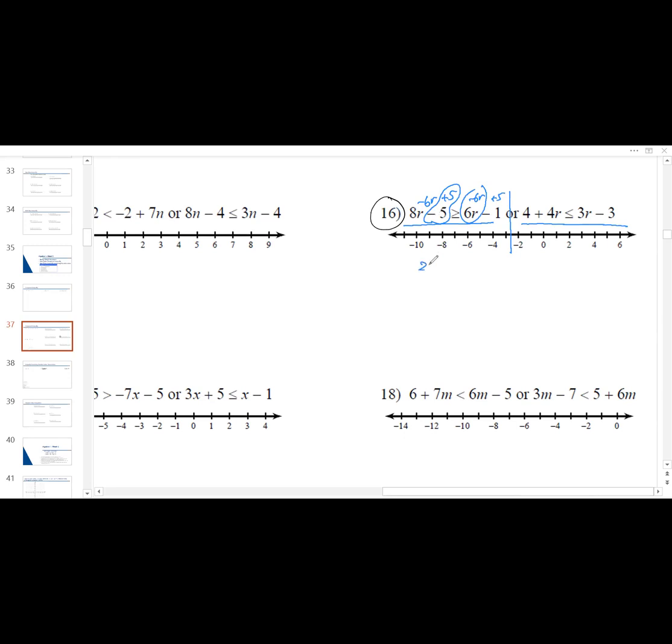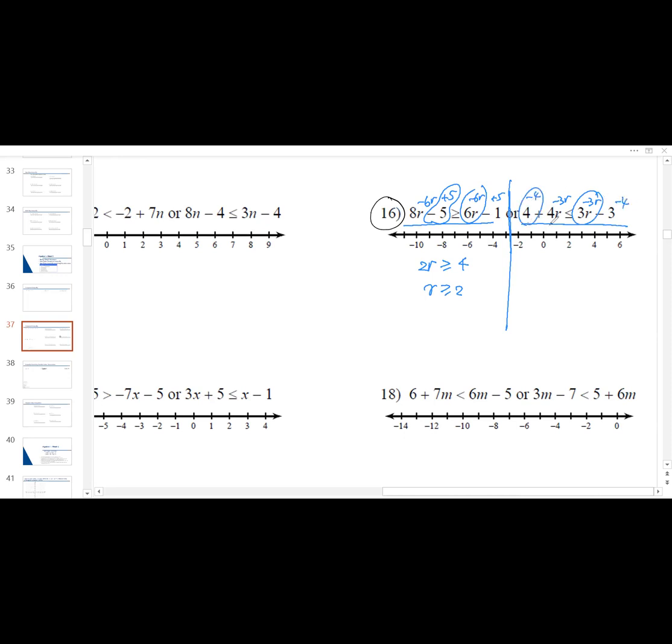So the left part became 2r, the right part is 4, 5 minus 1. So both sides divide by 2. What about the right part? Both sides minus 3r, make this disappear. Minus 4, make this disappear.